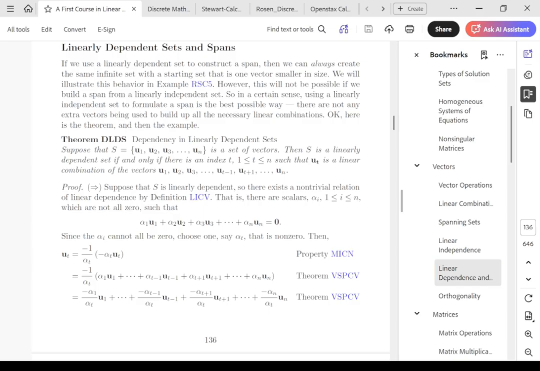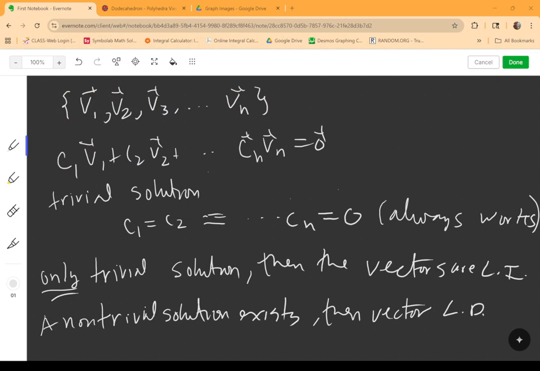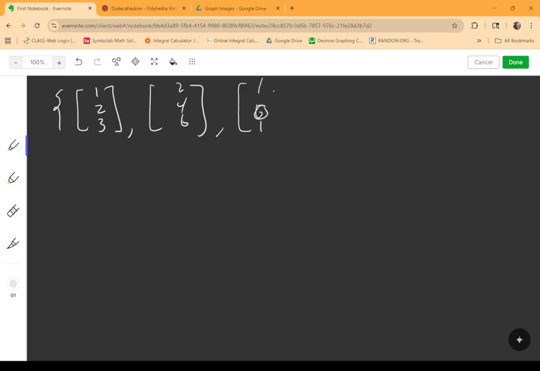So let's take a look at an example. Let's say we had the vector set (1, 2, 3), (2, 4, 6), and then (1, 0, 1). Let's start by setting up a coefficient matrix.